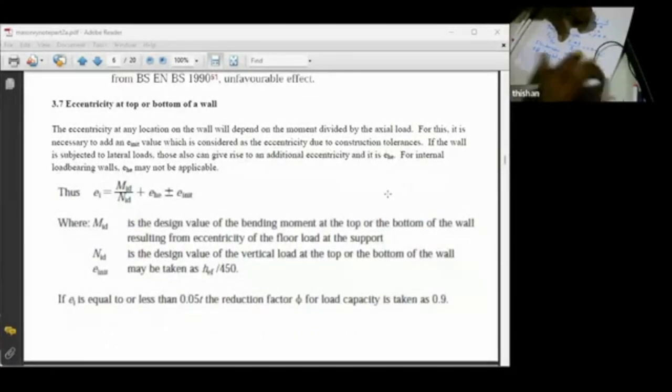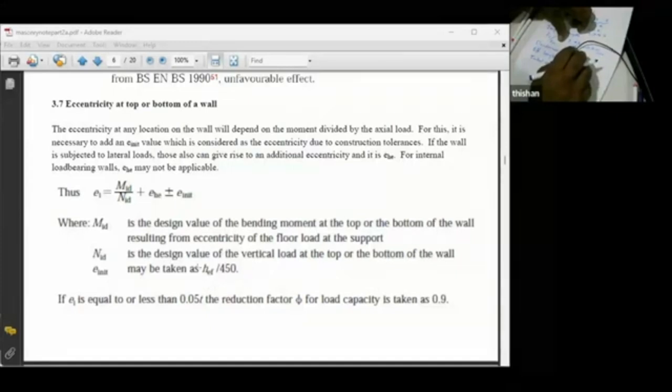And the initial eccentricity is given as effective height divided by 400. So that is a nominal eccentricity that is taken into account to allow for construction imperfections.